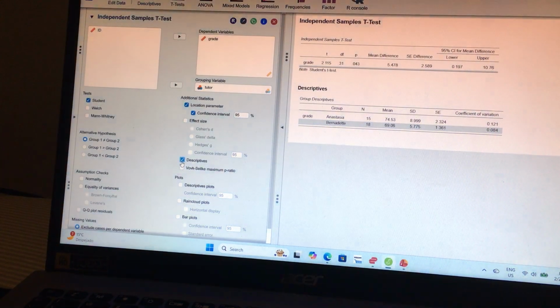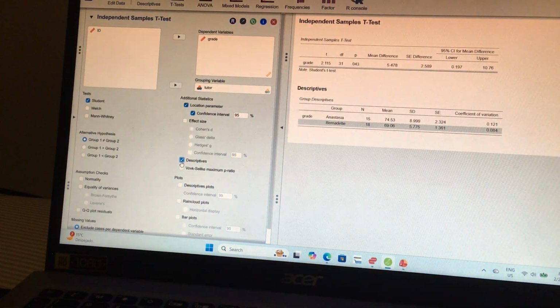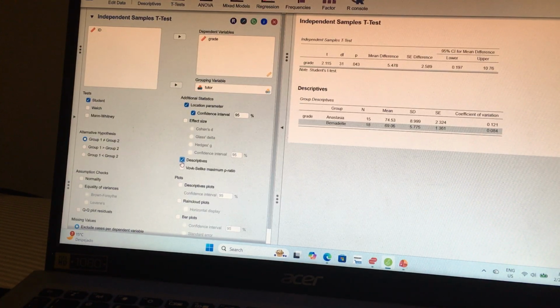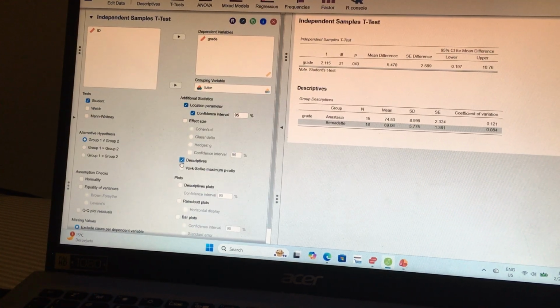So the difference between the two sample means is 5.478 points, which we see in the top section. The mean difference was 5.478. But of course, the difference between population means might be larger or smaller than this due to random sampling variation.